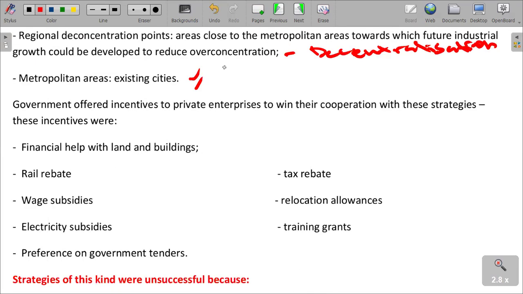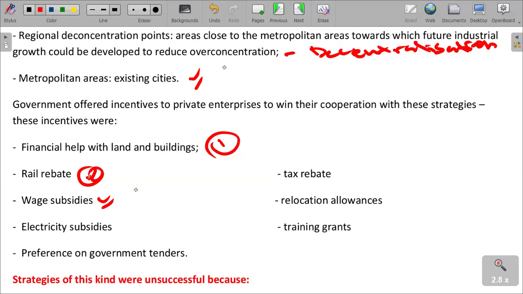Government offered incentives to private enterprises to win their cooperation with these strategies. The incentives were financial help with land and buildings, rail rebates, and wage subsidies, where people's salaries were being covered or extended by government.